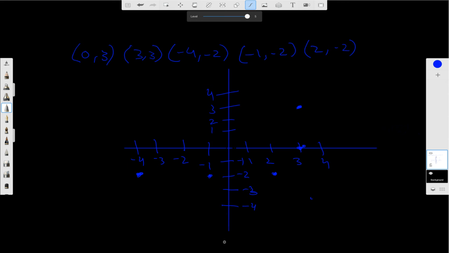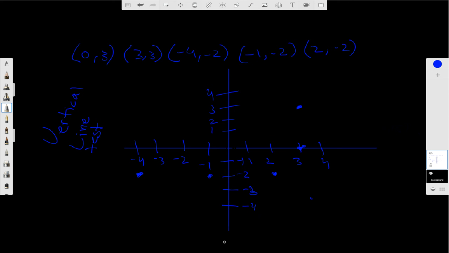Okay? And so now that we've plotted down these points, we're going to do something called, and let me just write this down so that you remember, the vertical line test. Okay? We got the vertical line test that we're going to do.